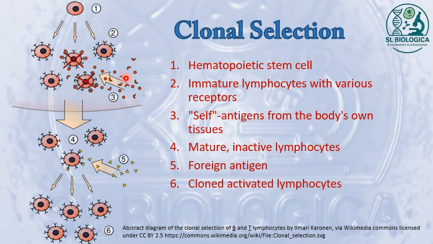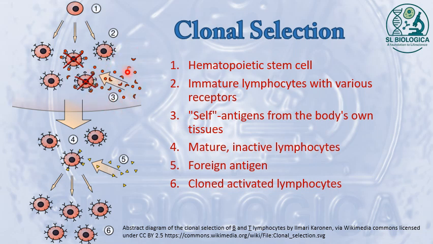We have the self antigens represented by the red colored things here. Those immature lymphocytes which bind with the self antigens will get eliminated. That is known as the clonal deletion process.